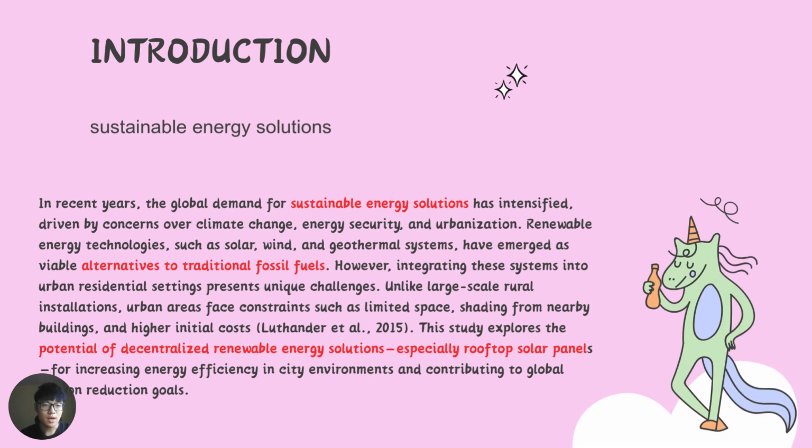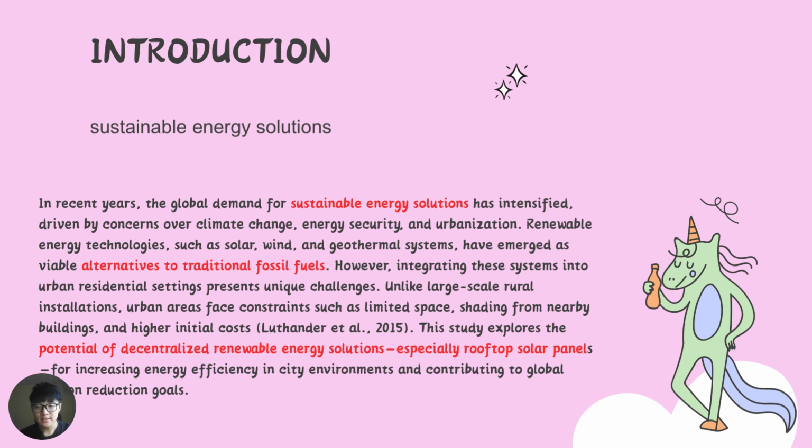So I will now introduce my research paper. As you know, today cities are facing big problems: climate change, energy shortage, and rising electricity use. Solar, wind, and other renewable energies can help, but in crowded cities, it's hard to install big systems.